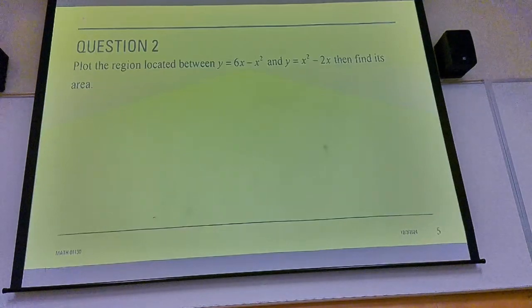Already notice a difference, aside from it not being trig. They didn't give you an interval, did they? Well, they actually did. They just didn't explicitly give it to you.